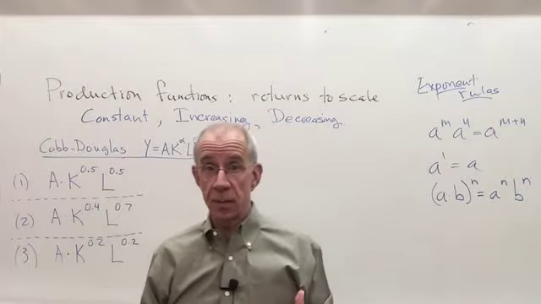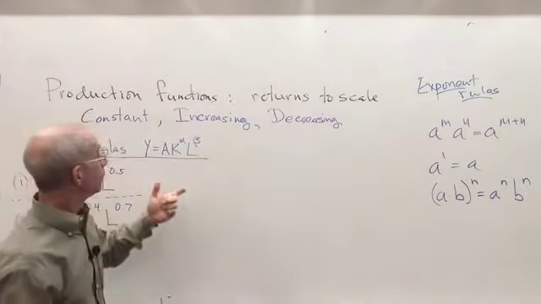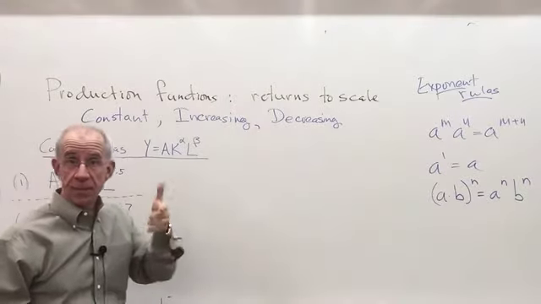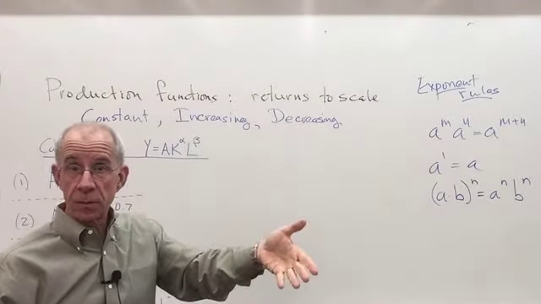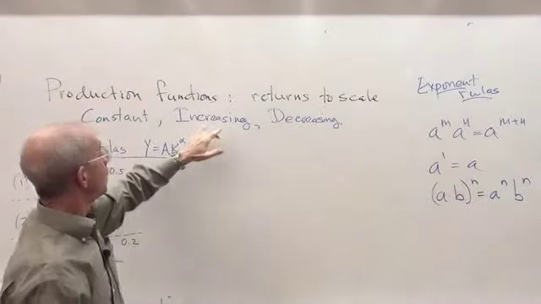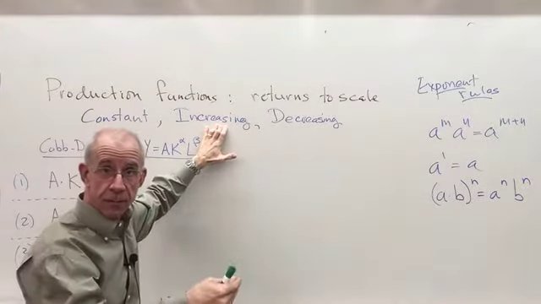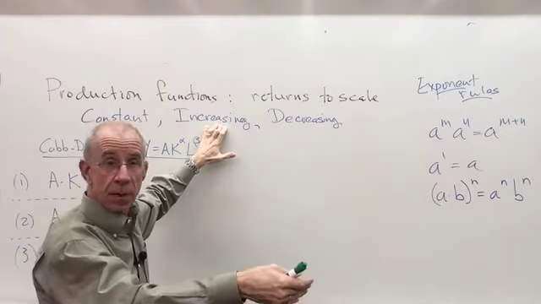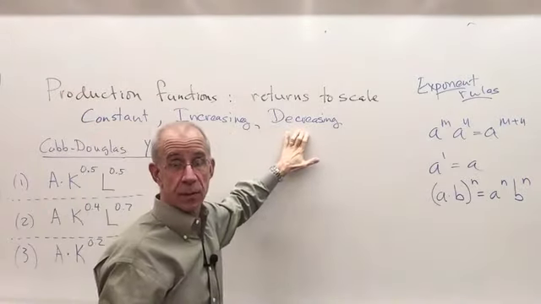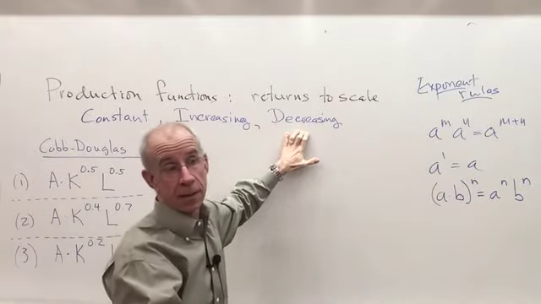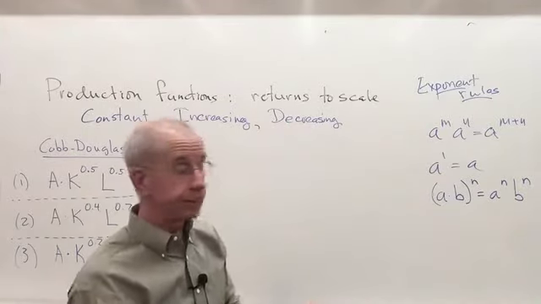Also, we're going to be using the idea of constant returns to scale, meaning that if I double all inputs, I would double the output, or increasing returns to scale, where if I doubled the inputs, I would more than double the output, or decreasing returns to scale, when I double all inputs, I get less than double the output.